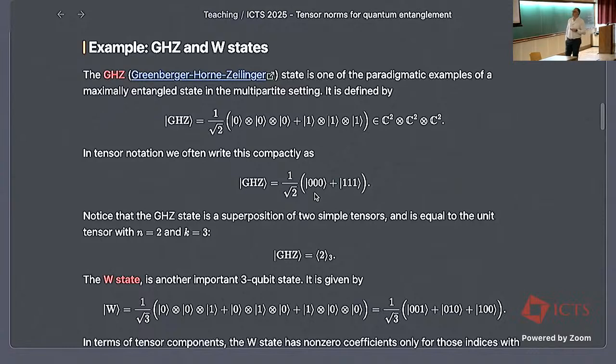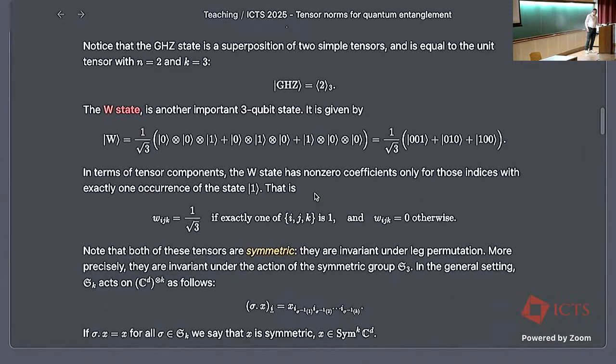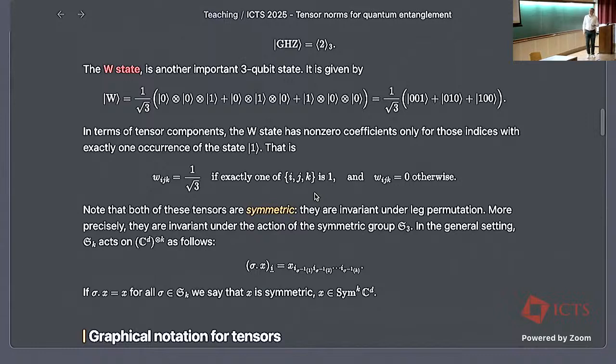This is maybe the standard form, and here you see that it's really this unit tensor with n equals 2 and k equals 3, up to normalization. The W state is again a tensor on 3 copies of C^d. So it's 001, 010, 100, all bit strings of length 3 with just one 1.